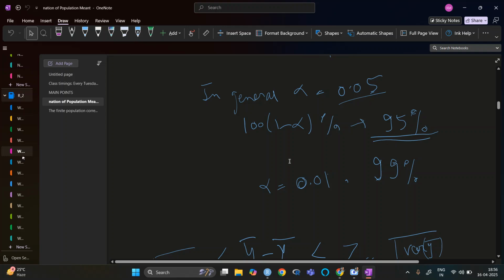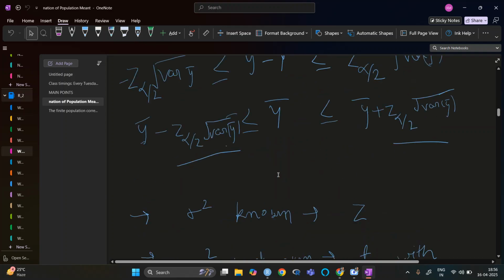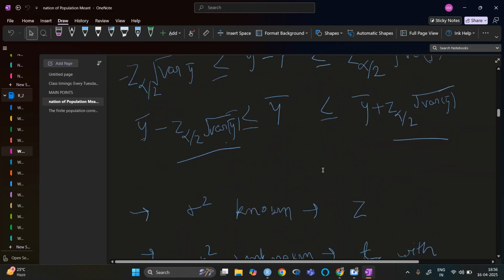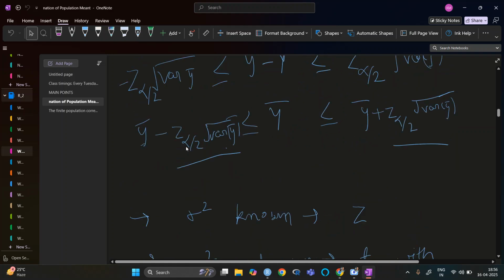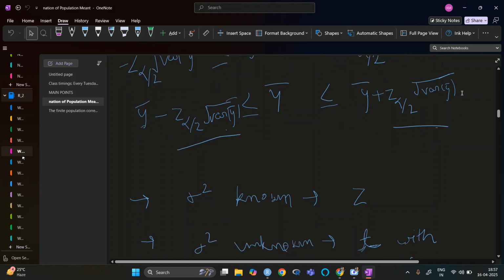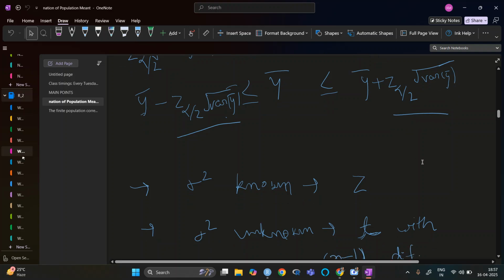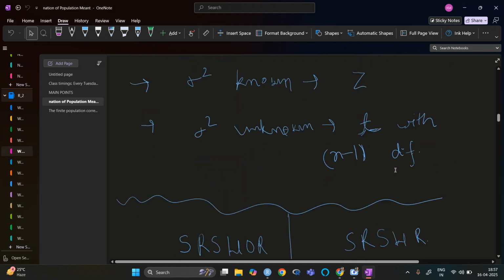If you try to solve it, y bar will come in between, so this is your interval. Basically, sample mean minus z alpha by 2 times the standard deviation of the sample mean, to sample mean plus z alpha by 2 times the standard deviation of the sample mean. This is your confidence interval.